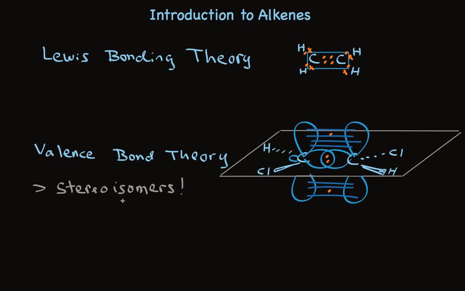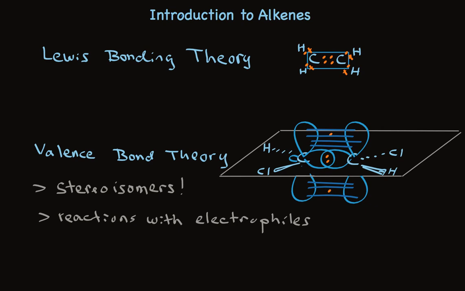This lets us already predict the chemical reactivity of an alkene. It suggests, correctly, that alkenes react with reagents that are seeking electron density, reagents we call electrophiles. In other videos, I'll elaborate on the stereochemistry of alkenes and the reactions of alkenes with electrophiles.